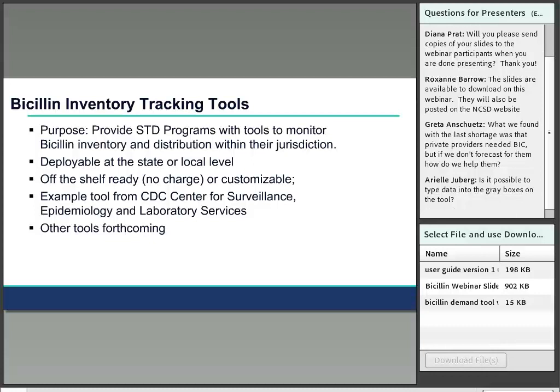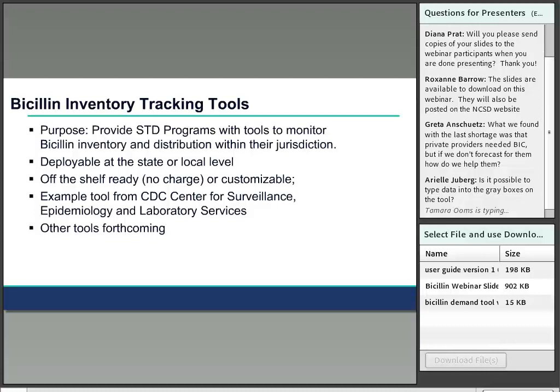We also recognize that there's a wide variety of programs as far as size and resources. So for jurisdictions that have low morbidity and have low funding, you may only need a simple spreadsheet or some other tool. And if you find that the tool we're going to show today may not be useful, we are going to be working over the next period of time to help develop other tools.